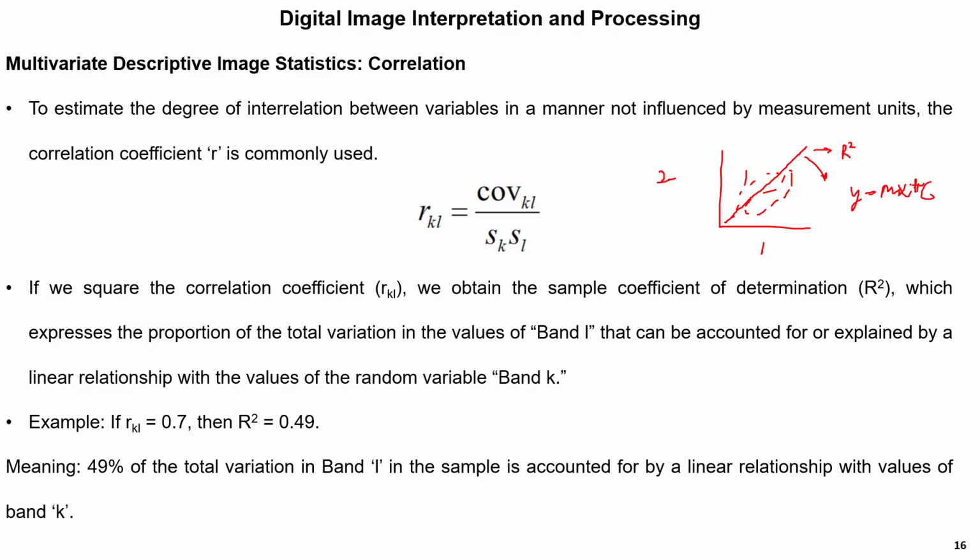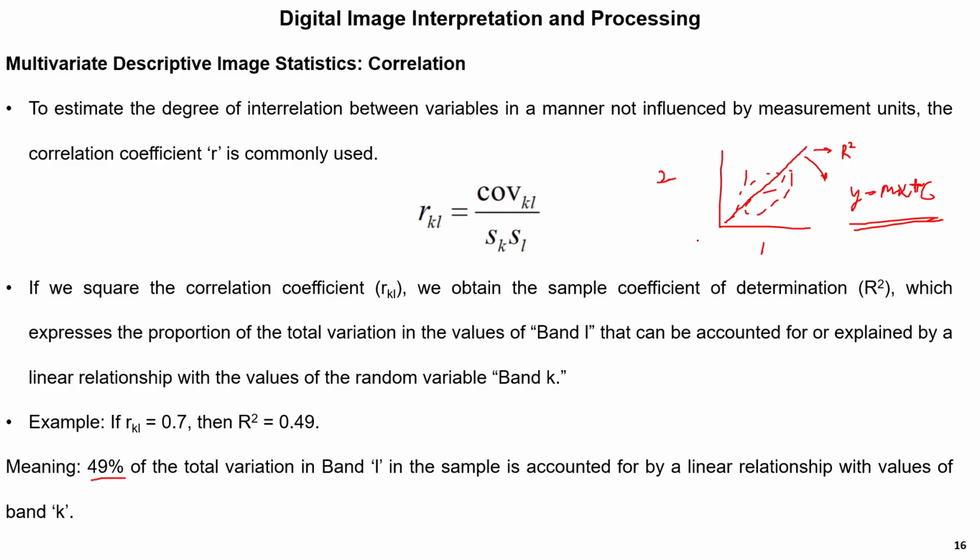So 49% of the values that I have plotted can be explained by this equation, they can be expressed as a straight line equation. That is what this sentence means. And the rest 51% have a higher residue. We cannot explain that. That's where strong correlation and weak correlation come into the picture.